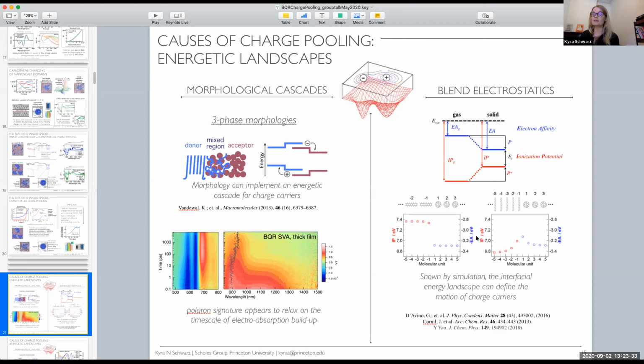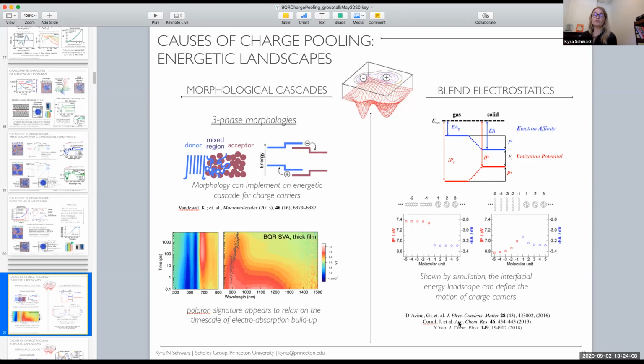The second thing that I think is quite interesting is this idea of blend electrostatics. People were thinking about this in the 70s with organic crystals even. If you don't have any light falling on a film, you don't have any charges around, just by stacking different molecules in particular orientations with respect to one another, because they're anisotropic, you can have electrostatic potentials forming just from that change in electron density from stacking alone.